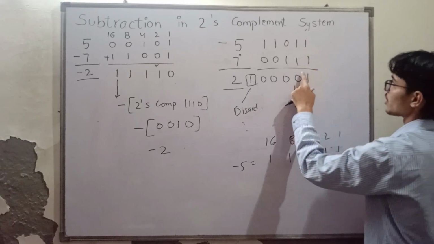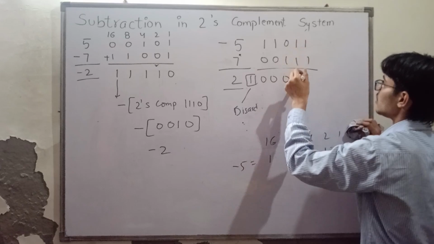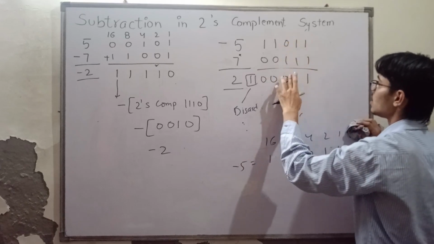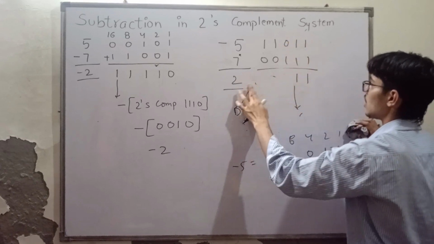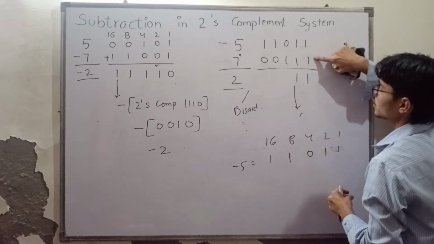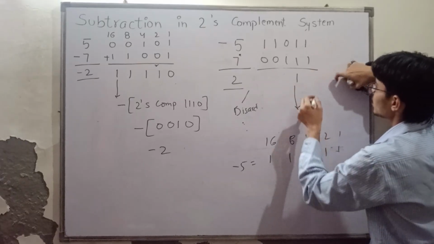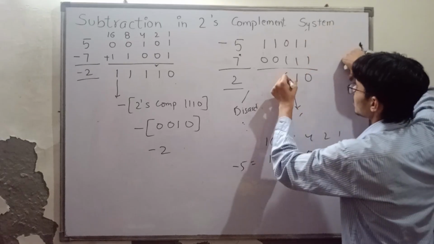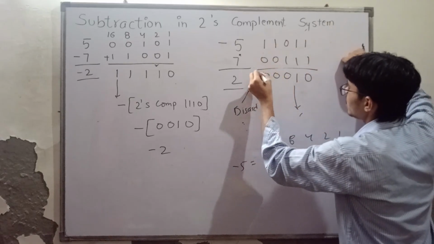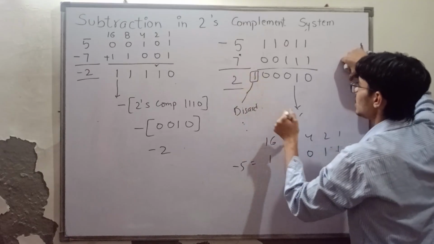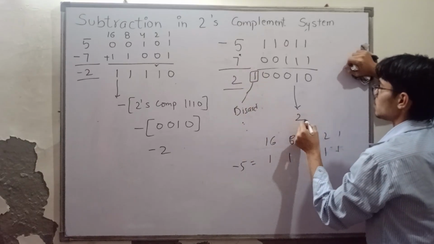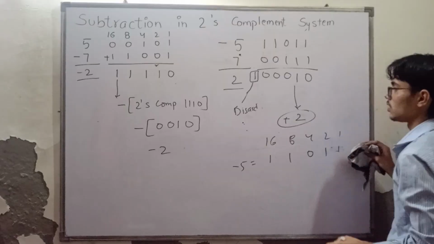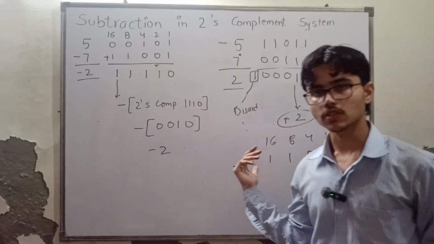I just did not write this. 1 is there. 1 plus 1 is 10, 1 plus 1 is 10. Okay, 11 10 10. The carry is discarded, and how do you write this: positive 2 is our answer. So that's how we solve this.